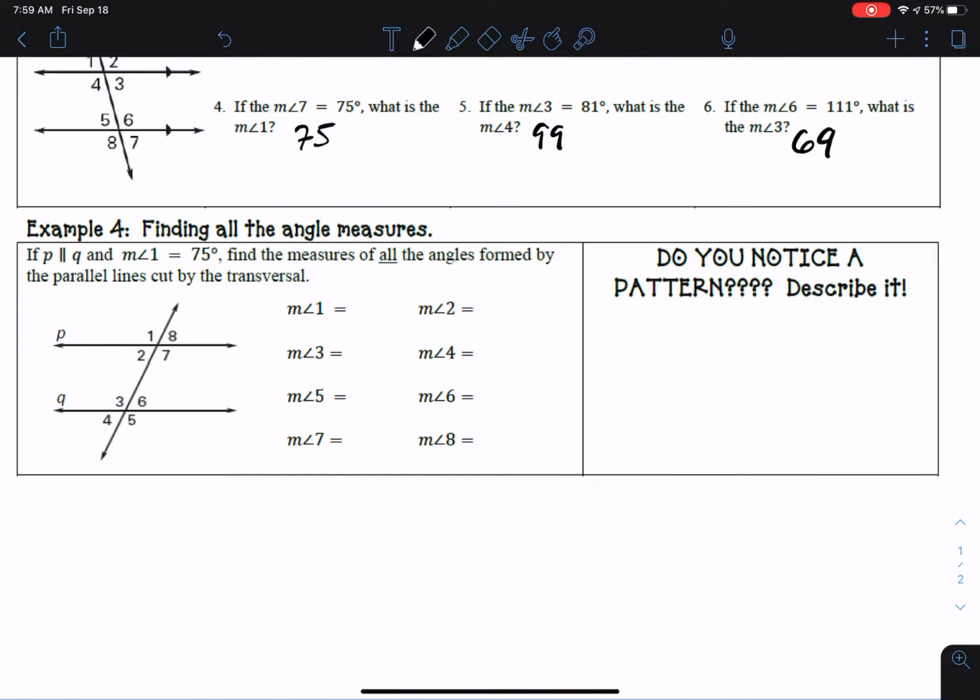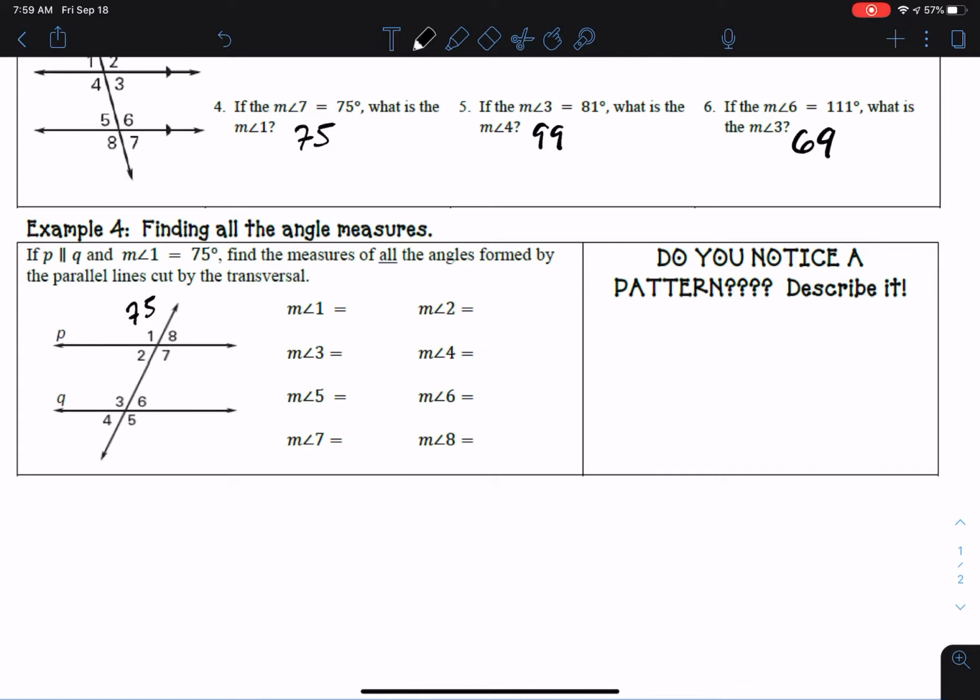If P and Q are parallel, and the measure of angle 1 here is 75 degrees, find the measures of all the angles formed by the parallel lines cut by a transversal. Now I know this doesn't make very much sense because that angle is clearly bigger than 90 degrees. It's an obtuse angle, but these are not drawn to scale.